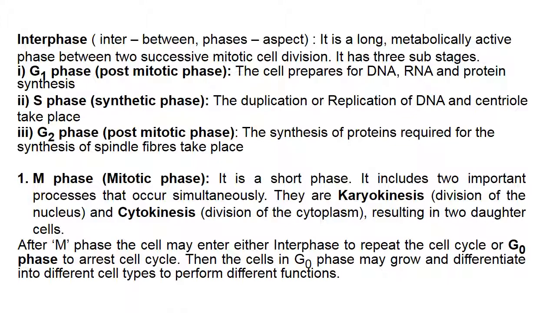Then the cells in G0 phase may grow and differentiate into different cell types to perform different functions. In tissue cultures, three functions are very important: differentiation, de-differentiation and redifferentiation. All three processes are associated with and accelerate between G0 and G1 phases.